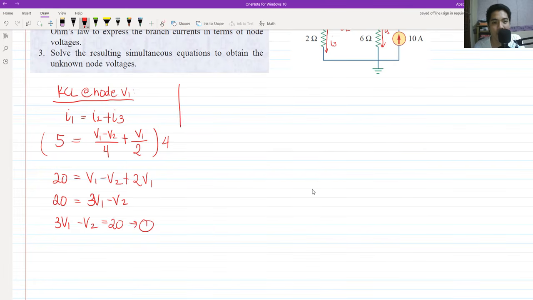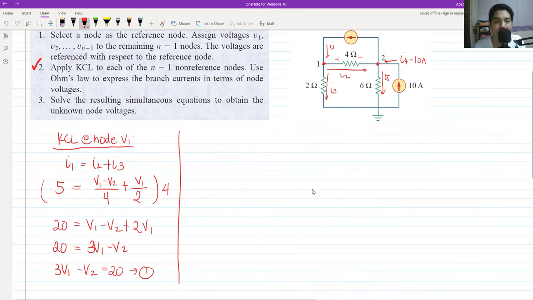Take note that we need two equations because we have two unknowns, which are V1 and V2. So if we apply KCL at node V sub 2, or node 2, analyzing all the currents, current entering equals current leaving. We have currents entering at node 2, I sub 2 and I sub 4, so we have I sub 2 plus I sub 4.